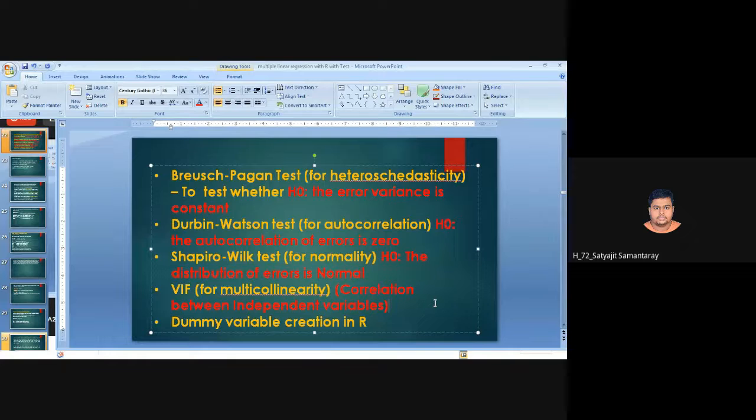Sir, then it will be 0. What is 0? Sir, correlation would be 0. No. The correlation between independent variables is positive, it is not 0.